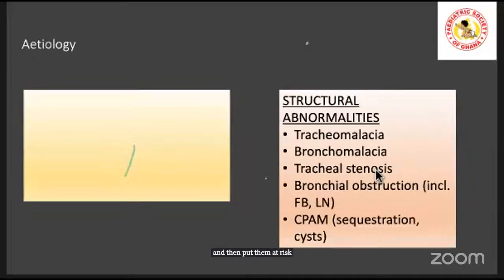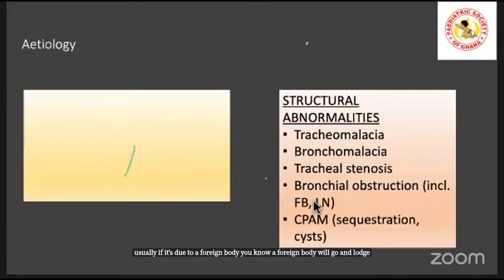Again, children with structural abnormalities, looking at the pathophysiology: tracheomalacia and bronchomalacia all impair mucus clearance because there's obstruction, and then the escalator also doesn't work well. I also want to mention children with foreign bodies. Usually a foreign body will go and lodge at a particular place.